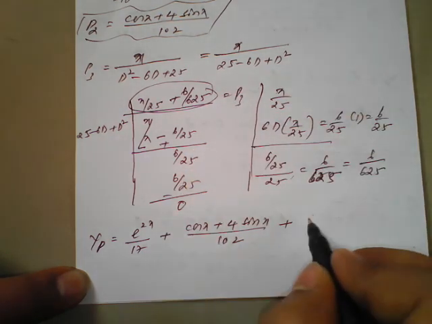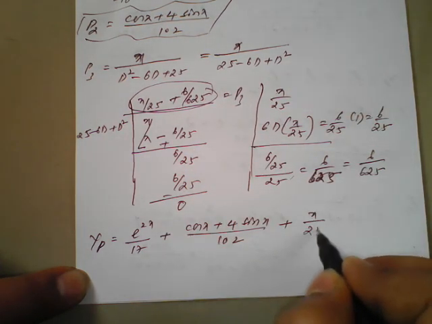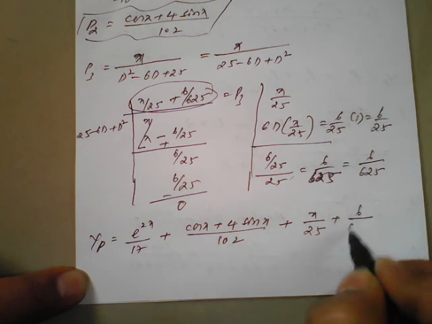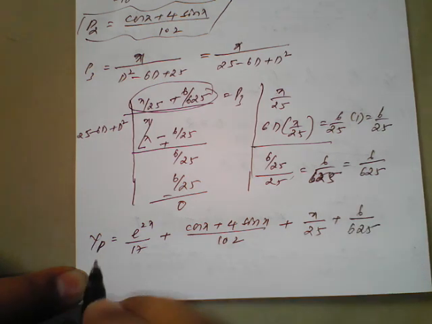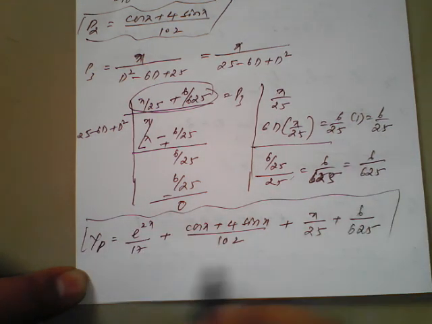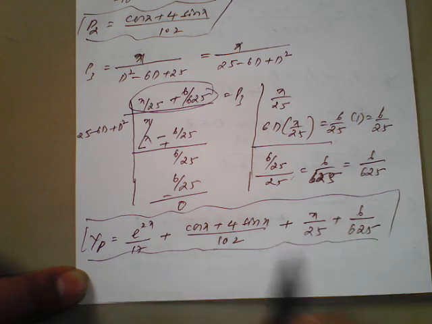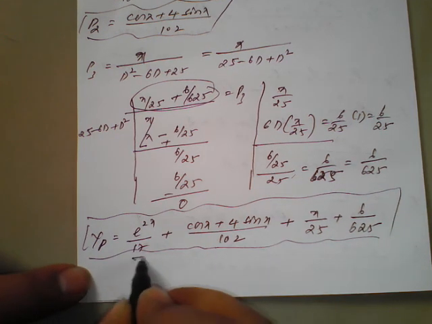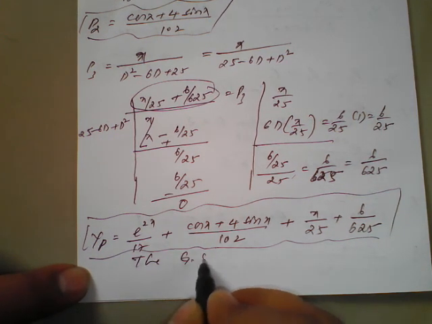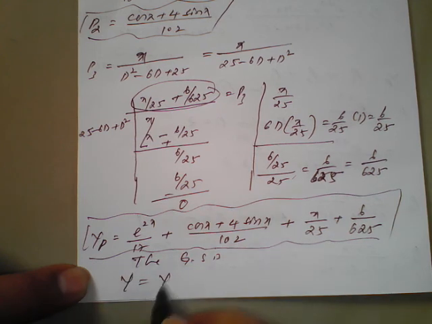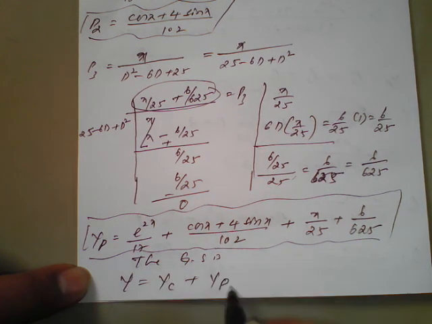So P3 is how much here? x upon 25 plus 6 upon 625. So this is where we got YP. Therefore the general solution is y is equal to yc plus yp, and conclude.